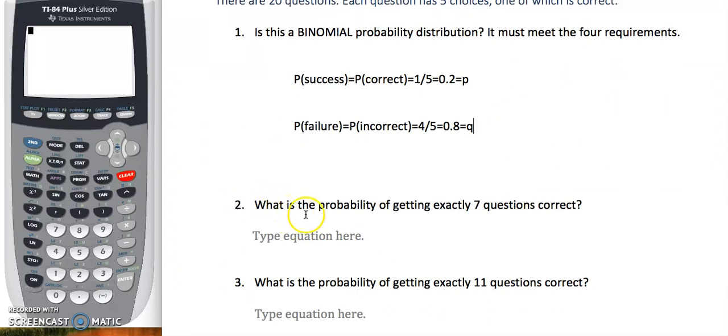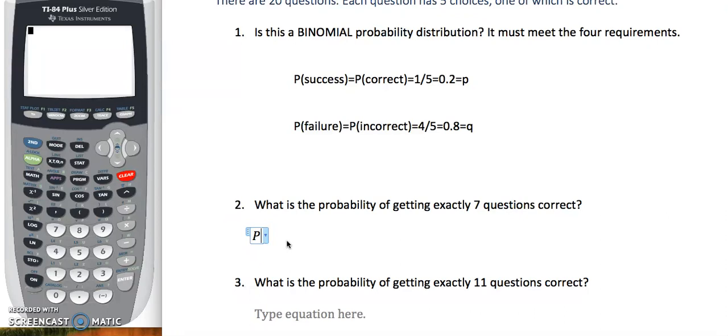What is the probability of getting exactly 7 questions correct? So this is asking for a very specific number of successes, right? I want exactly 7 correct. When you're asking for a very specific number of successes, you're going to use what we call binomial PDF to calculate the probability.